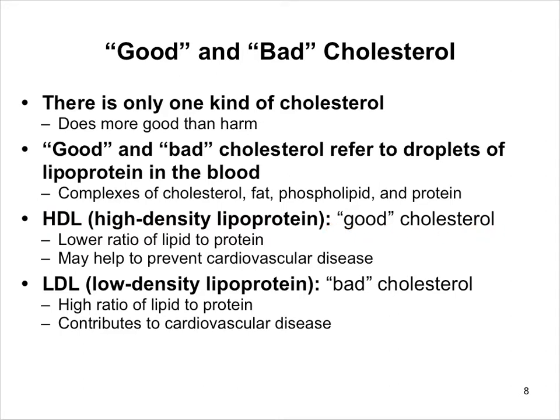They're not actually different proteins, but think of this as a bus that has a lot of empty seats on it. It's got some cholesterol sitting in the seats, but a lot of empty seats. And so more people can get on the bus and people can get off the bus, right? So they have a lower ratio of lipid to protein. They've got a bunch of empty seats, not too much lipid. These can actually pick up random cholesterol that's floating around.